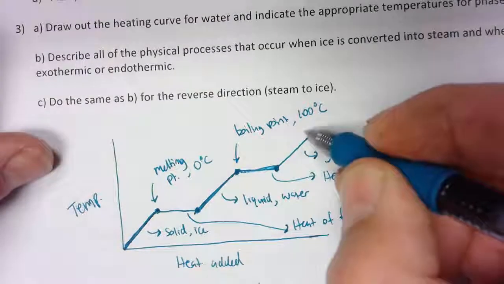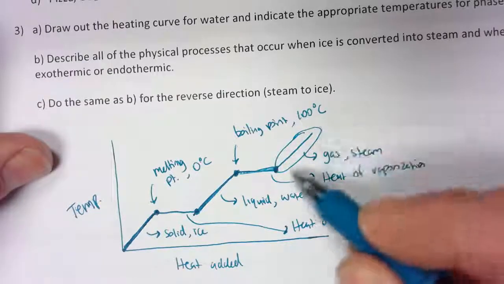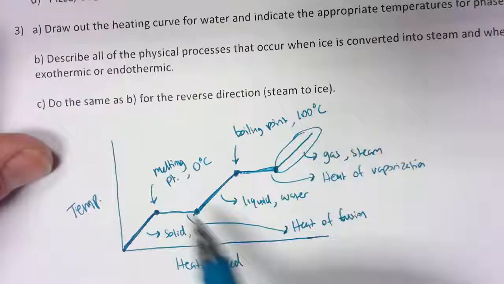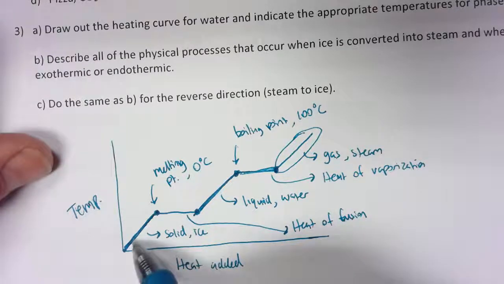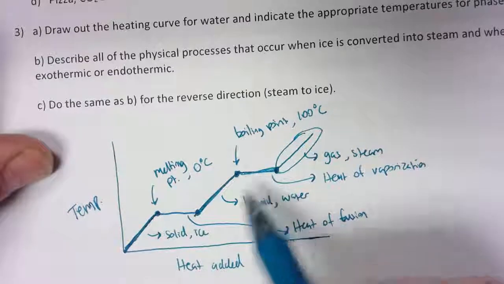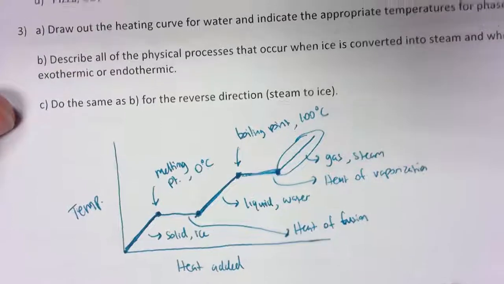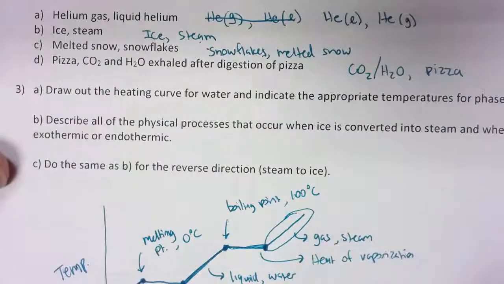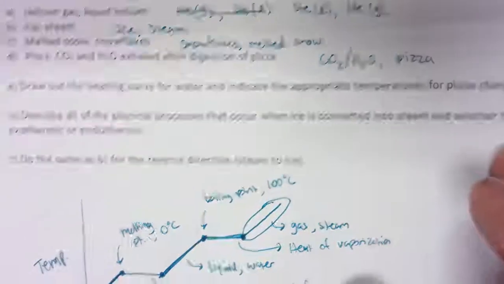Okay, we won't even get into talking about this because you really don't experience this in your everyday lives. Really, your experience with water is going to be from about -20 degrees C down here up to boiling. So I think I described all the physical processes when ice is converted into steam.